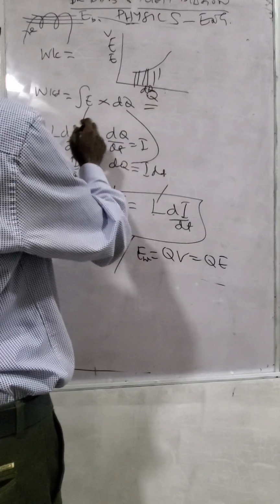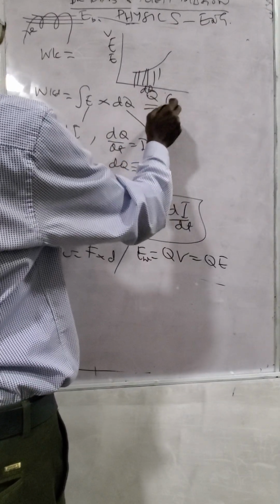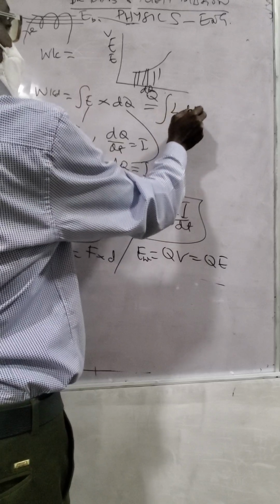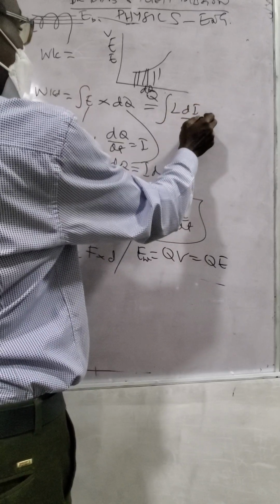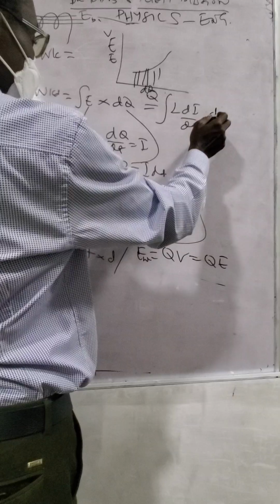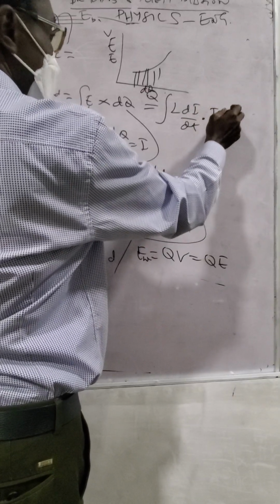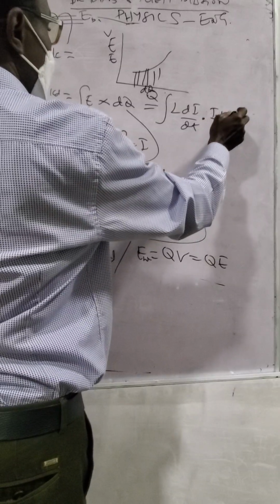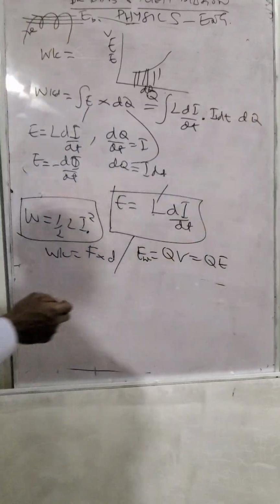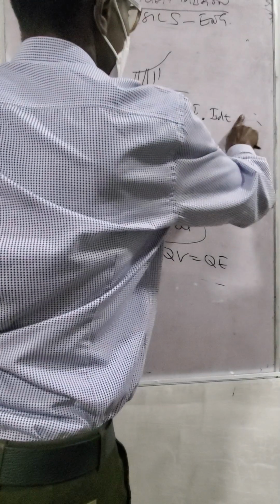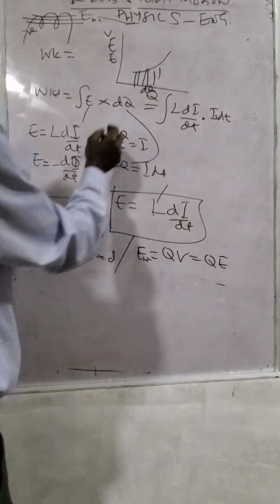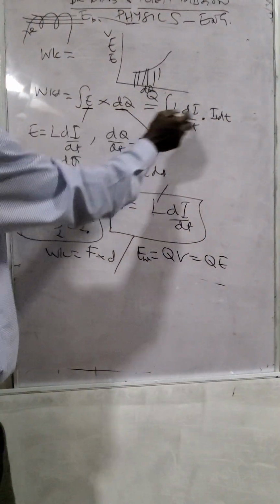So this becomes the integral of L di/dt times I dt. The Q has been replaced.